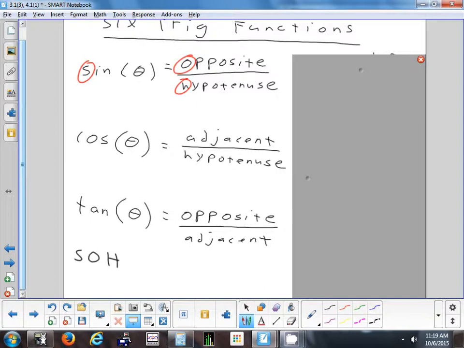And then CAH, which is the cosine, A for adjacent and H for hypotenuse. And we have cosine is adjacent over hypotenuse. And TOA for tangent, which is opposite and adjacent. And tangent is opposite over adjacent. SOHCAHTOA. So if that helps, you can use that.